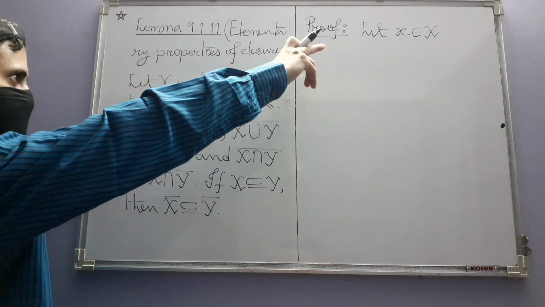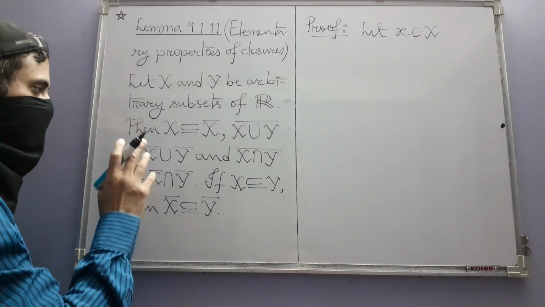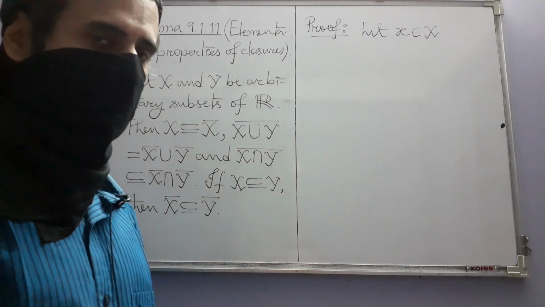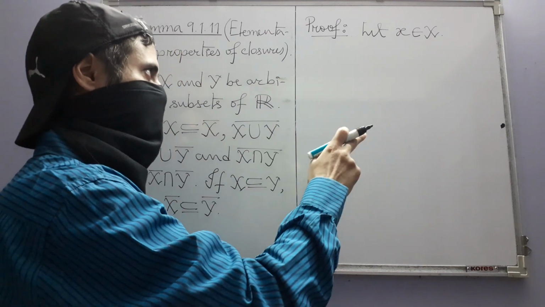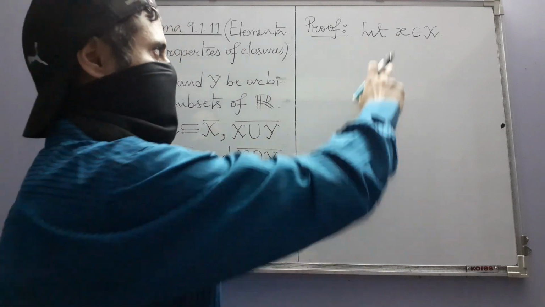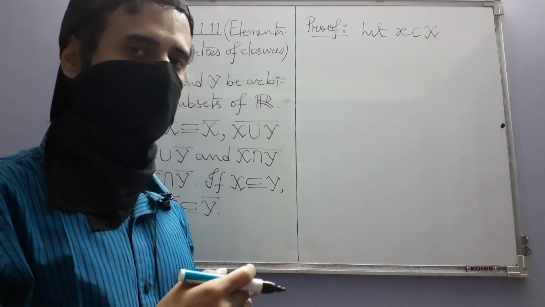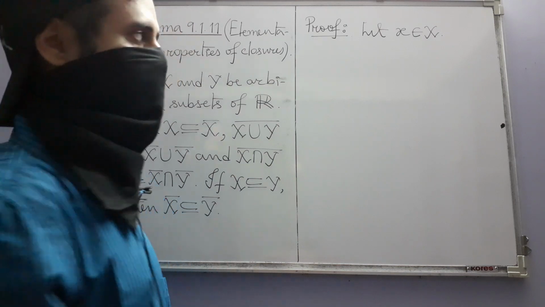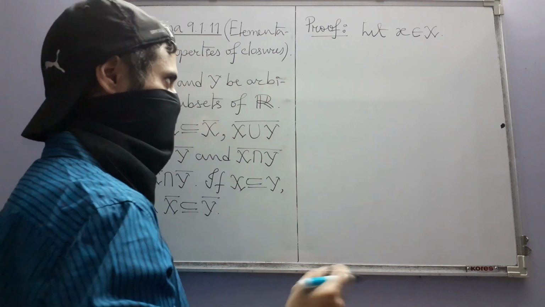Now to prove that small x is an adherent point of x, what do we have to show? We have to show that for any positive real number epsilon, there is an element in this set x that is epsilon close to small x. Now since small x itself is coming from x, that element can be chosen as small x. So it's actually something really trivial.